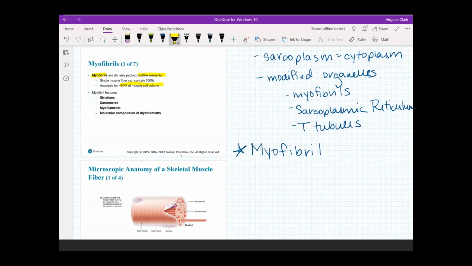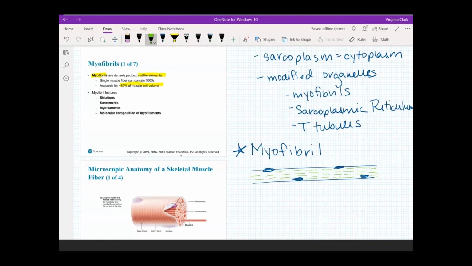So what I like to describe these as, if this was going to be my muscle fiber, where we know it's a long straw, and we've got multiple nuclei in it. Our myofibrils, I like to describe as toothpicks, which are rod-like kind of structures, and they are shoved inside this straw in a very organized manner.